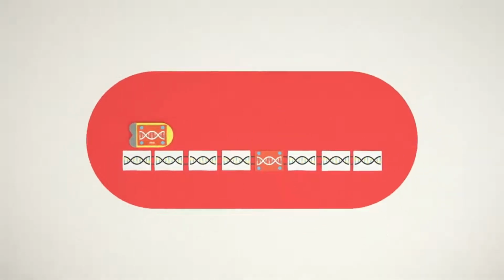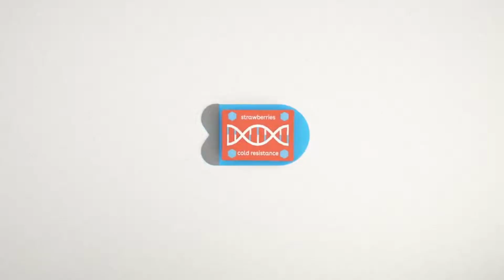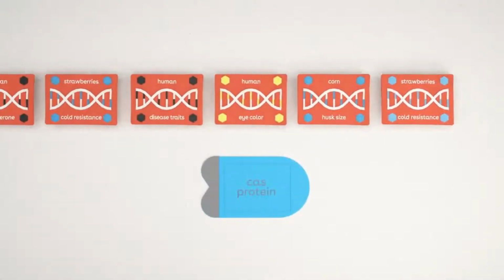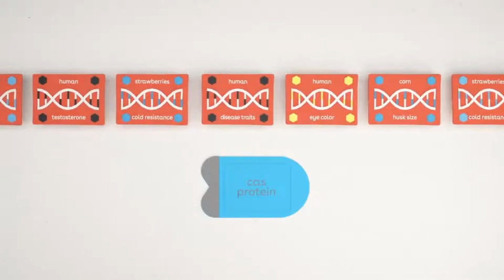The resulting complexes act like scouts, latching onto free-floating genetic material and searching for a match to the virus. If the virus invades again, the scout complex recognizes it immediately, and Cas9 swiftly destroys the viral DNA. Lots of bacteria have this type of defense mechanism, but in 2012, scientists figured out how to hijack CRISPR to target not just viral DNA, but any DNA in almost any organism.